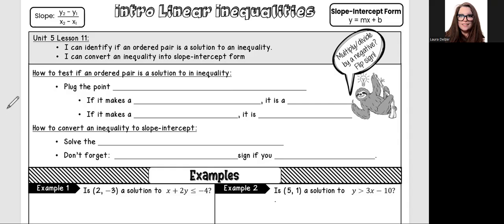In this lesson you're going to be testing points to see if something is a solution to the inequality. How we test this is that we plug the point into the inequality.